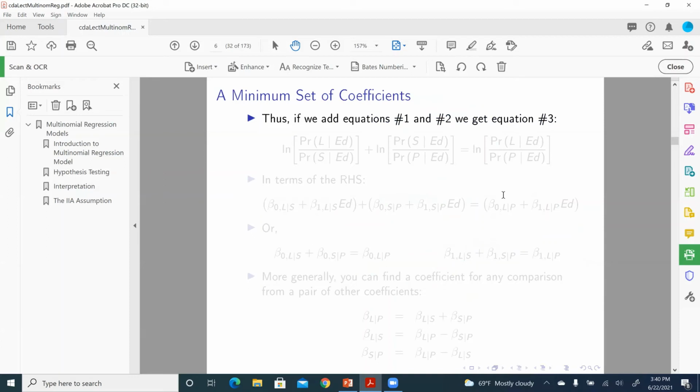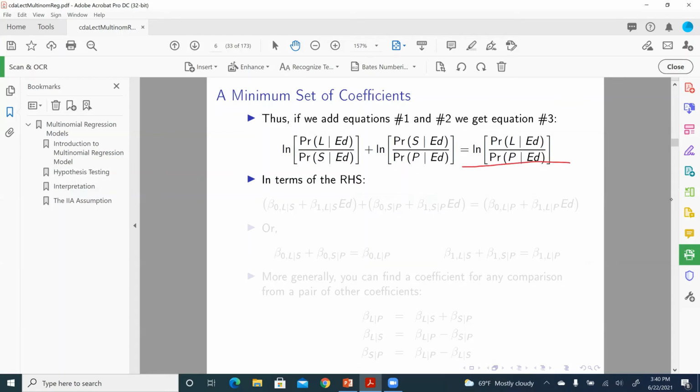Okay, and this leads to one feature of multinomial logit model, that is, there's a minimal set of coefficients. So in the last slide, I showed you that the last pair of probabilities, or the last log of odds, can be derived from a simple linear combination. Here is the sum of the first two log of odds.